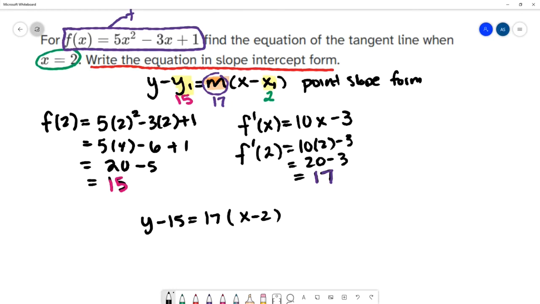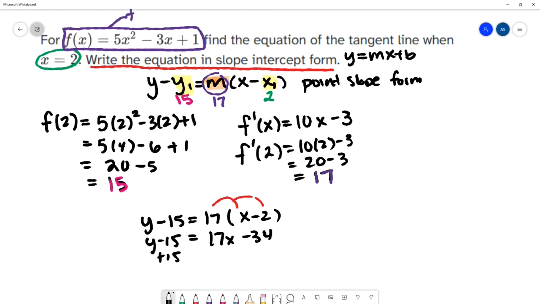And I want to manipulate this to put it into slope-intercept form. Slope-intercept form is y equals mx plus b. So I'll distribute this 17, and that will give me 17x minus 34.